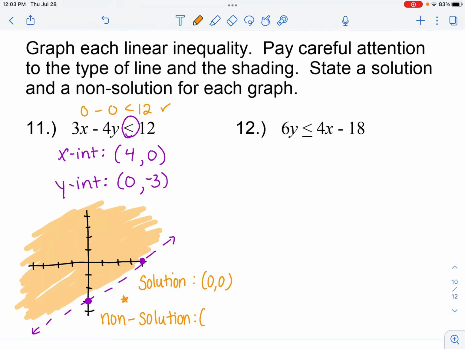So I'm just going to go big, and I'm going to say it's (10, -10). Which is clearly off my grid, but definitely going to be below the line because it's further to the right and further down than my x-intercepts.